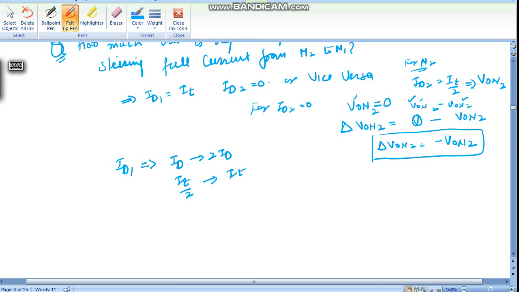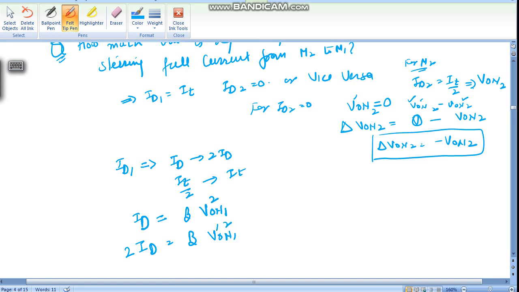So we can write it like this. Initially it is ID, which equals beta V on 1 square. This is the initial value of V on 1. Then the new value is 2ID, because current is changed from ID to 2ID, current is doubled, we need V on 1 dash square.